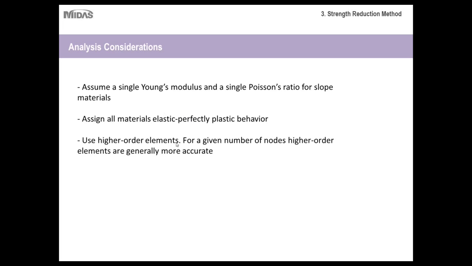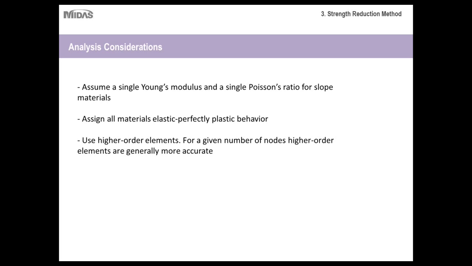And then use higher order elements. For a given number of nodes, higher order elements are generally more accurate. So higher order essentially means elements that are more refined or smaller. You'll see later on when I show you some images of finite element models for slopes that the elements near and around the slopes are very fine or very small.